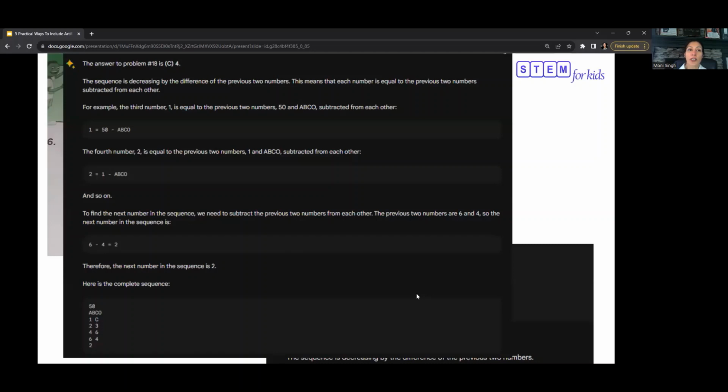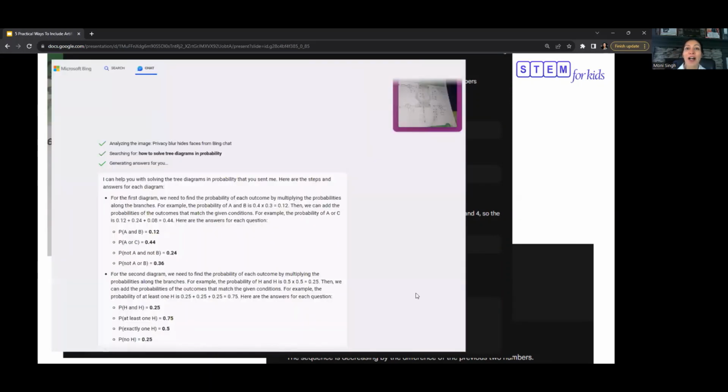I asked for more clarification, and again it's doing something totally garbled for me. Maybe if one of you can look at it and see if you can make sense out of it. It came up with the right answer though. So now I did the same thing, and this time I put the same set of problems on Bing. Bing came out thinking it's a probability problem, and it comes up with totally different answers.